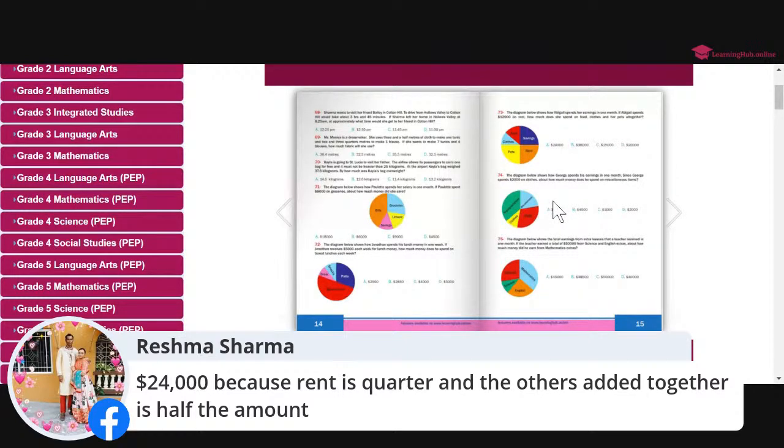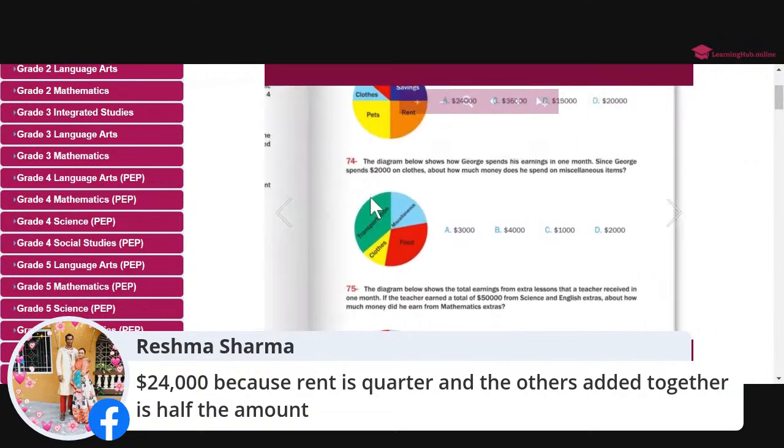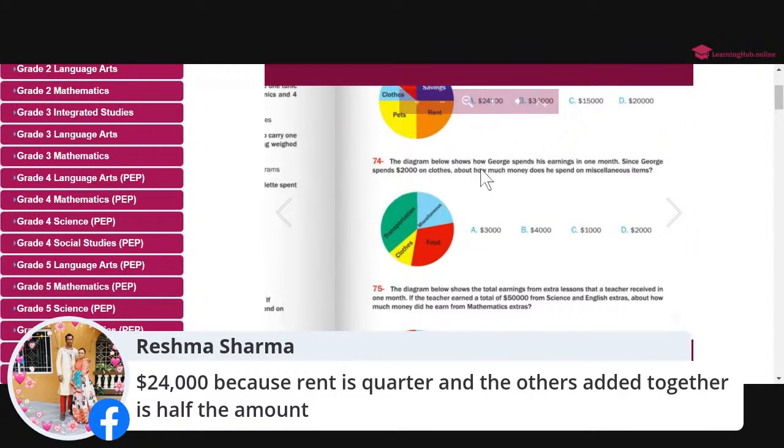We're going to look at question number 74, and we're going to stop for tonight. Question number 74. So let me zoom in. All right, it says the diagram below shows how George spends his earnings in 1 month. Since George spends $2,000 on clothes, about how much money does he spend on miscellaneous items?